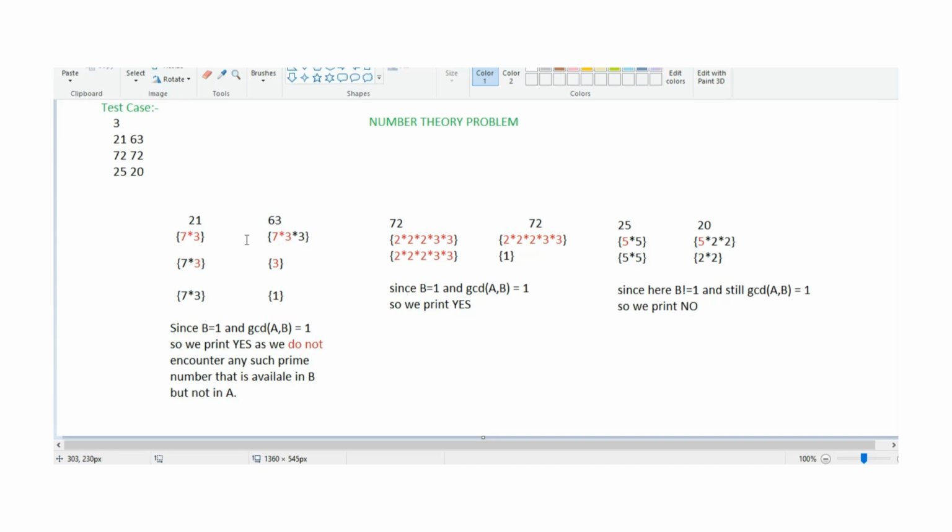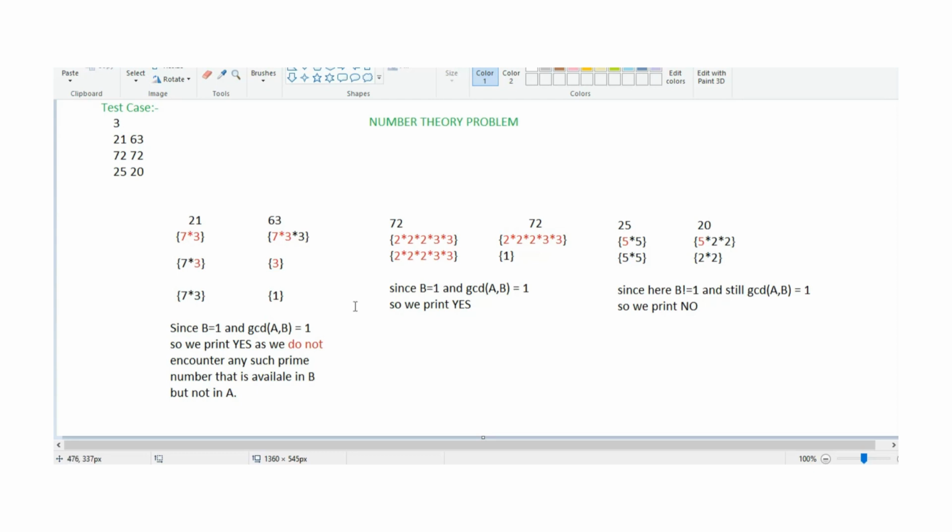From this we come to know that the prime numbers that are common in both the numbers are not a problem for us, because every prime number coming from this red part is present in both numbers.